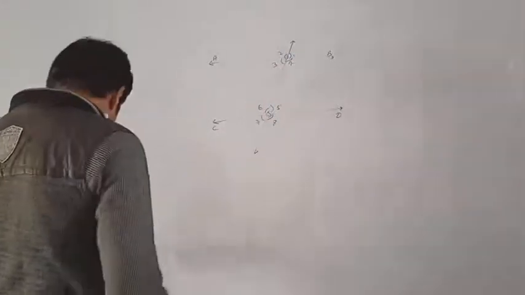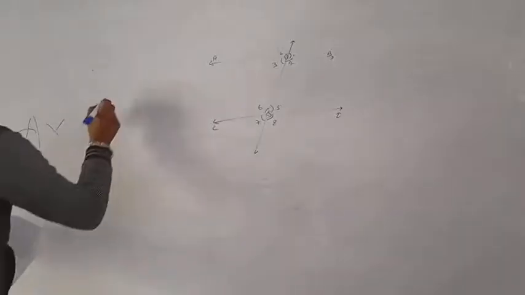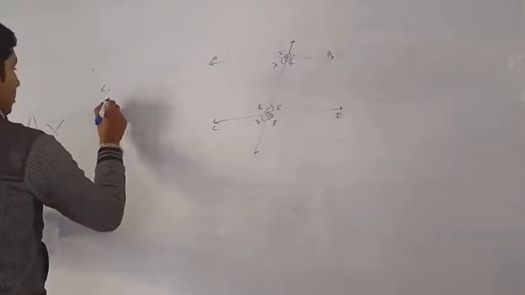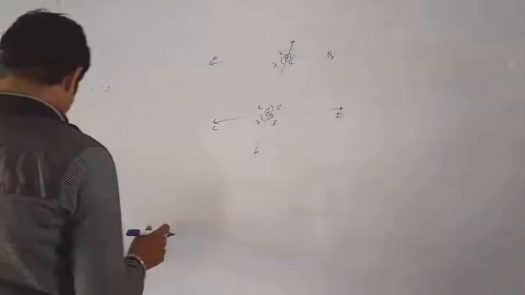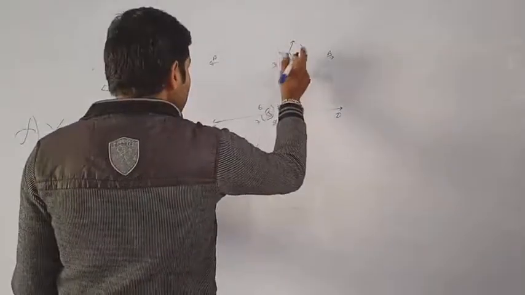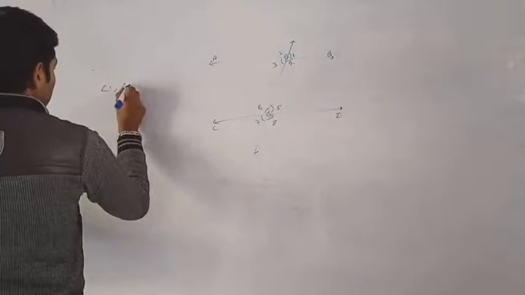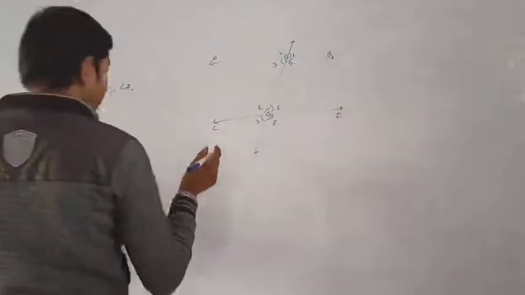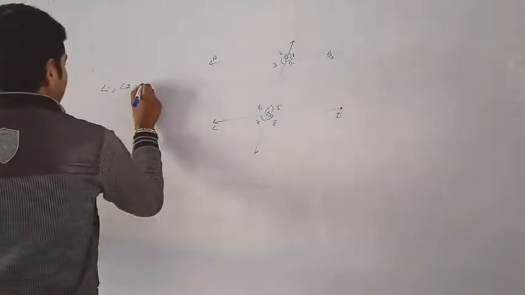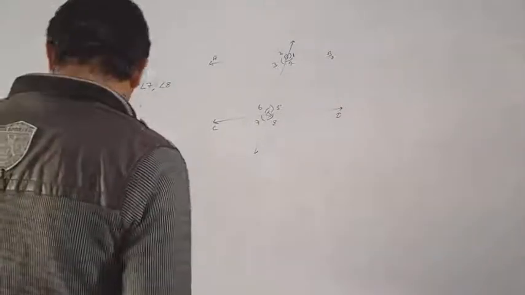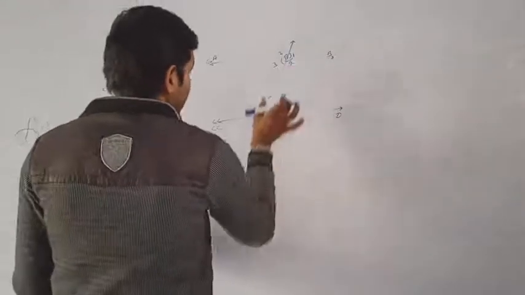Now from here we know that angle 1, angle 2, angle 7 and angle 8 are exterior angles.